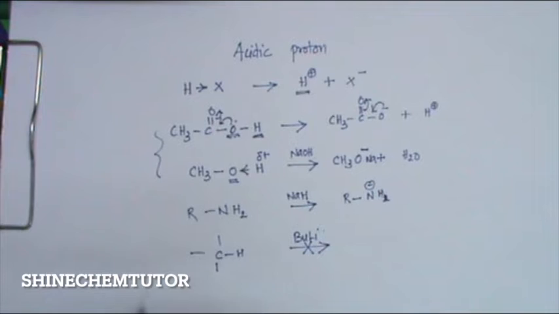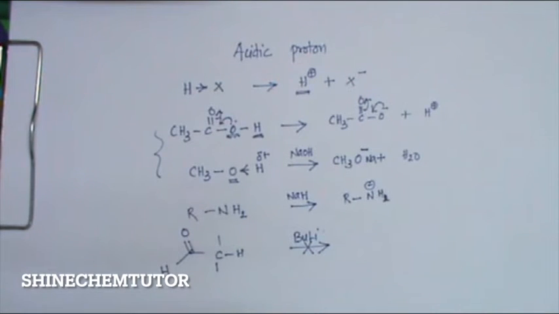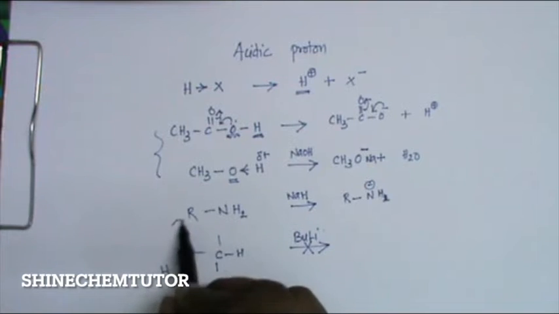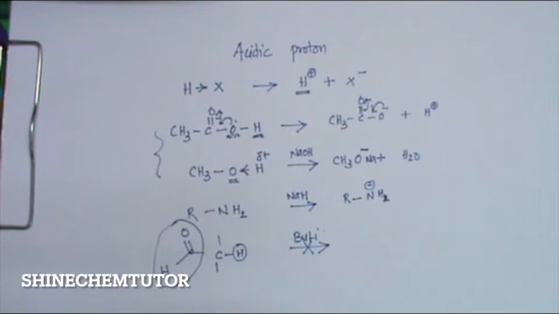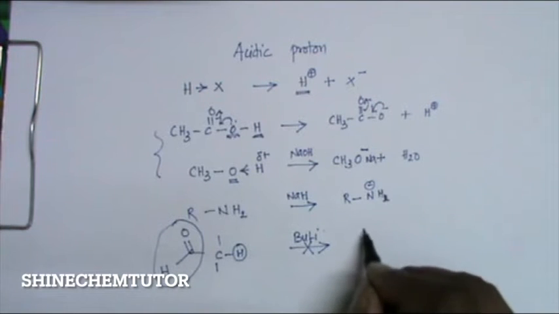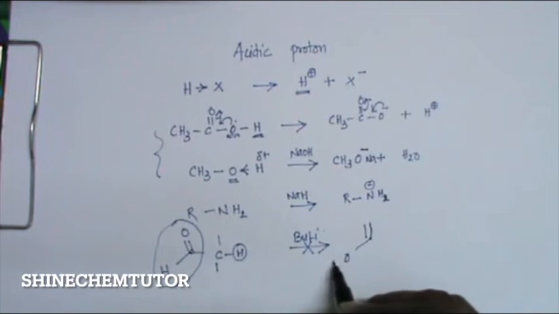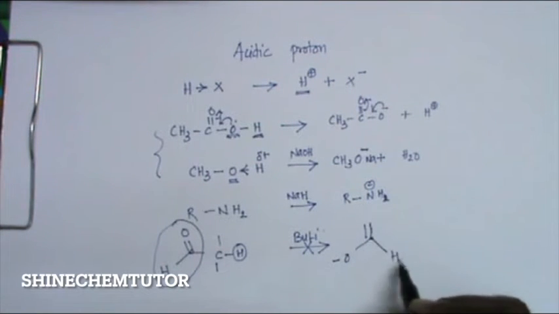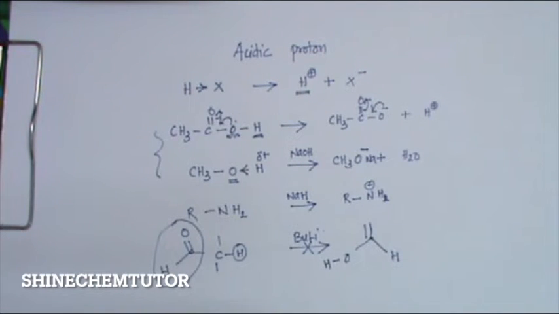At the same time, if I attach some electron withdrawing group, because of this electron withdrawing group, the hydrogen will become acidic. It will involve in keto-enol tautomerism. This is the enol form.